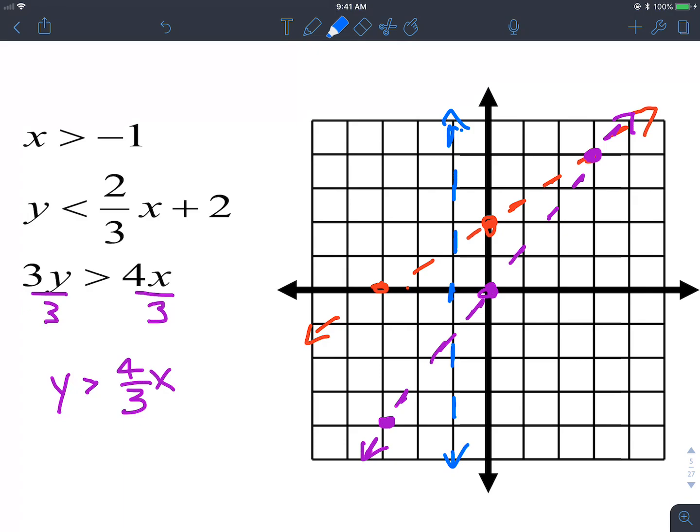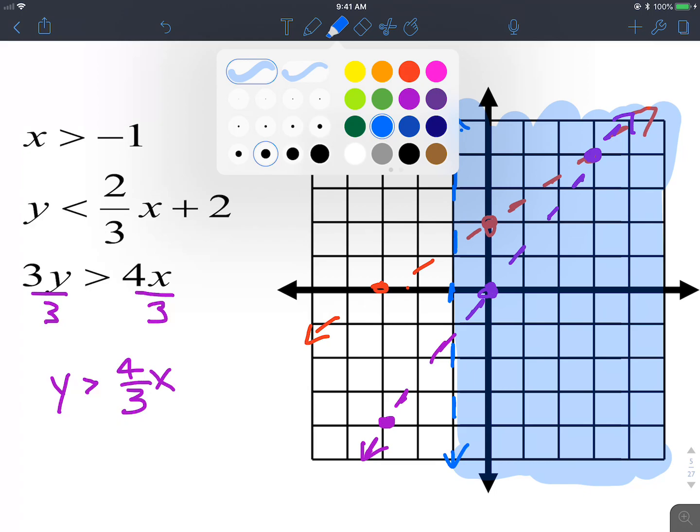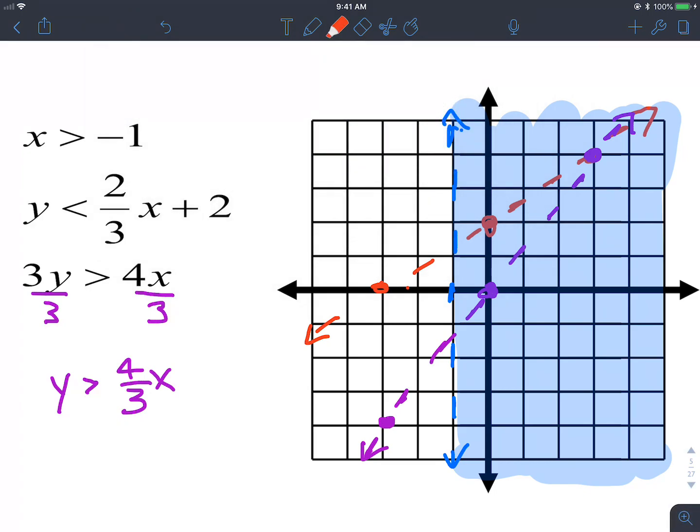So the first line, the blue line, we were to the right. Okay, greater than, right? So greater than is to the right only on the vertical lines, but never think of left and right with the other ones, where it's in terms of y. This one right here, y is less than the red line, so everything below our red line.